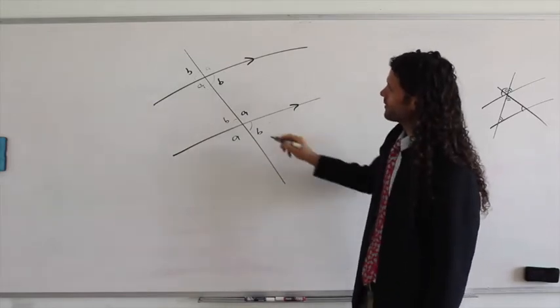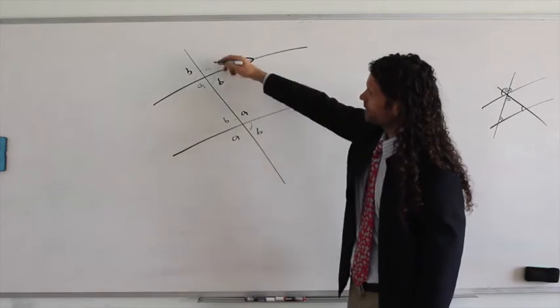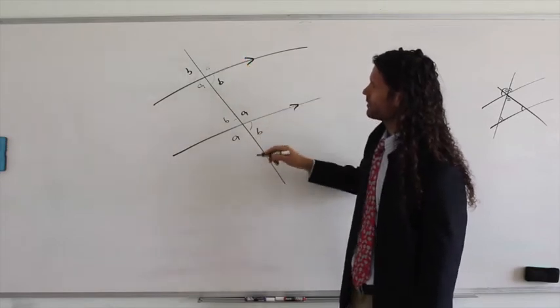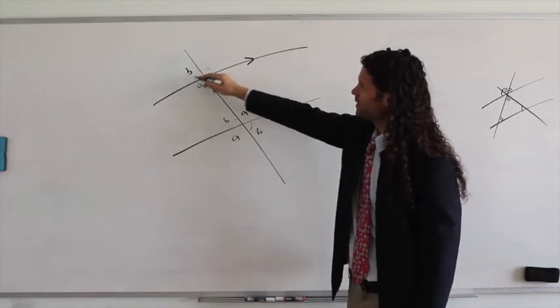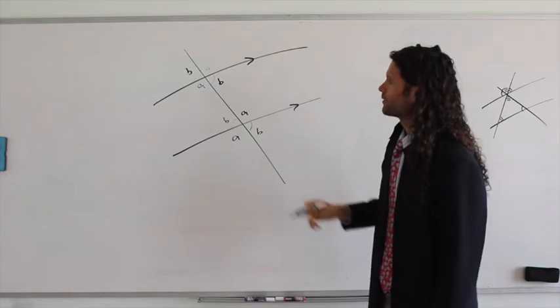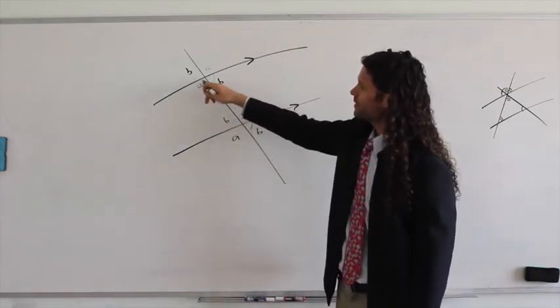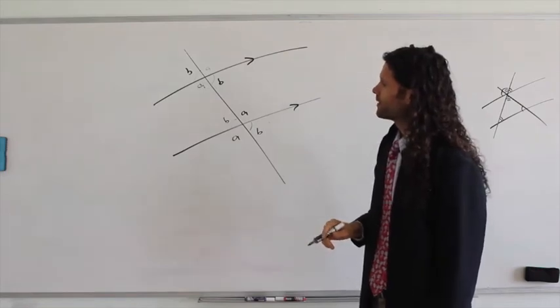And so we can see that the opposite exterior angles are congruent or equal. We can see there's corresponding angles, vertical angles. Opposite interior angles are also congruent. And then the two interior angles on the same side are supplementary.